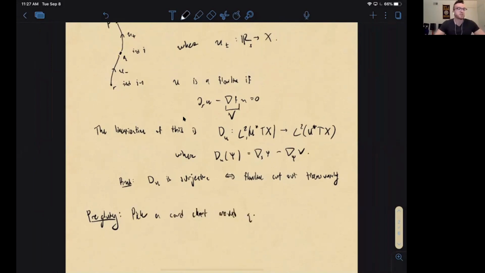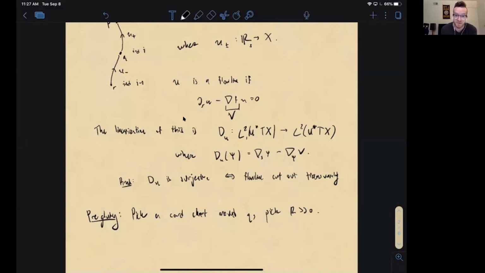So I need a coordinate chart to make addition make sense. And then I pick a gluing parameter, which is going to be a large number, capital R. Then with this large parameter, I take each of these flow lines and I'm going to shift them.